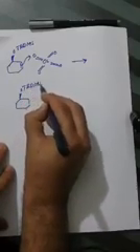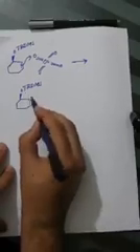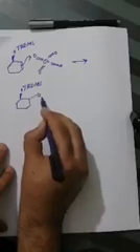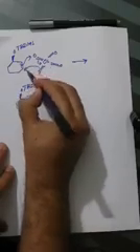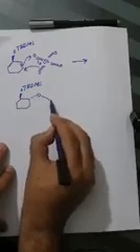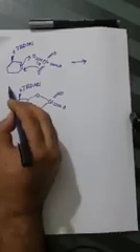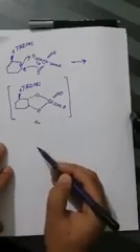Number one, when the attack is from the back side. This will be the first transition state.